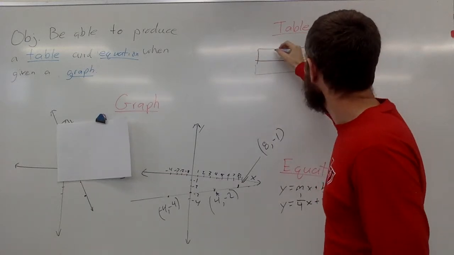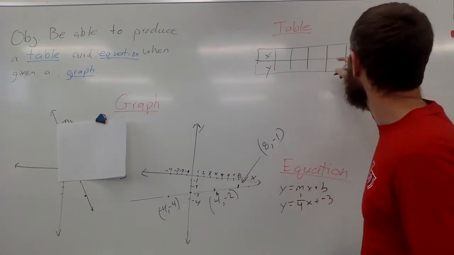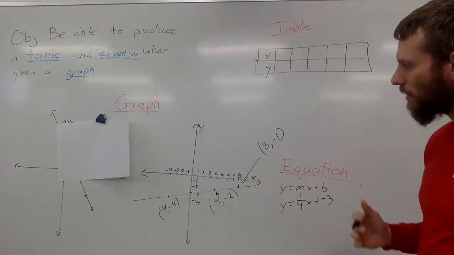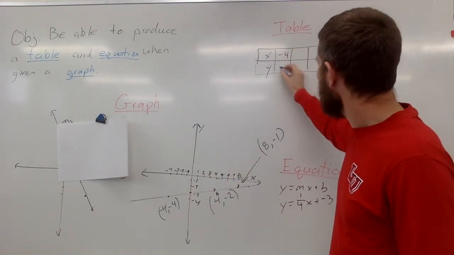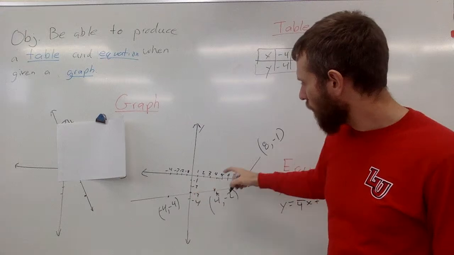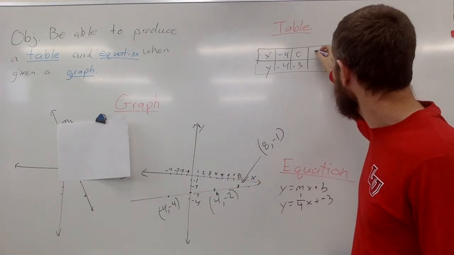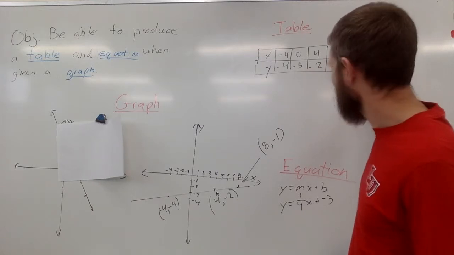Now to draw my table. Again, I could just pick x-values and plug them into the equation, but since we have it graphed out, all I need to do is write in the values of all my coordinates. Does anybody know what this one's going to be?